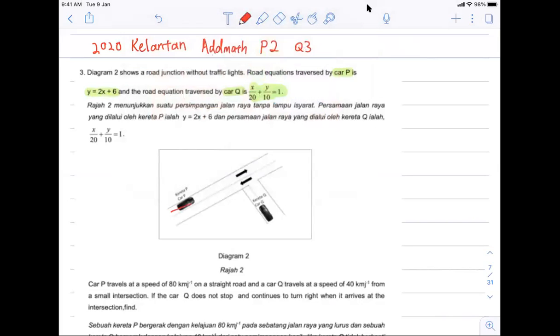Car P is moving in this direction with the equation y equal to 2x plus 6. And car Q is moving in this direction in the equation x over 20 plus y over 10 equal 1.